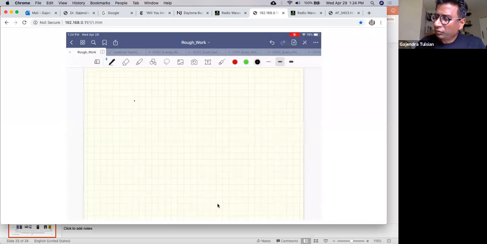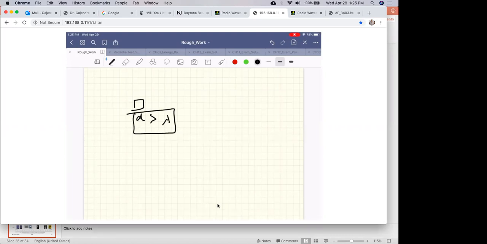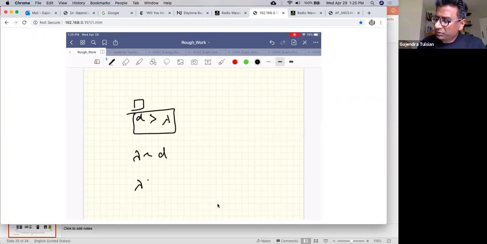If you want to see an object like this size, so b is the dimension of an object, to see this object you need to use an electromagnetic wave whose wavelength is smaller than this object. So the largest wavelength you can use to see this object is roughly the size of that object. And if lambda is greater than the size of the object, you cannot see the object.